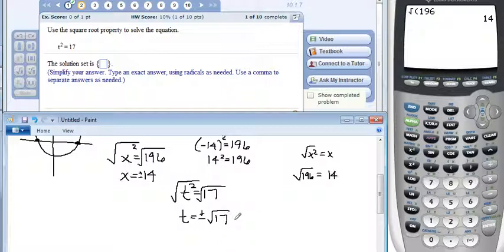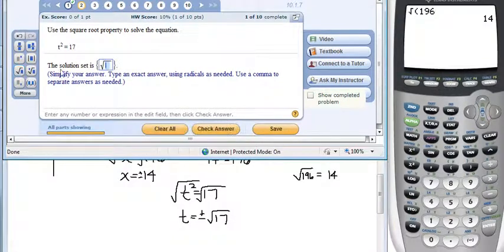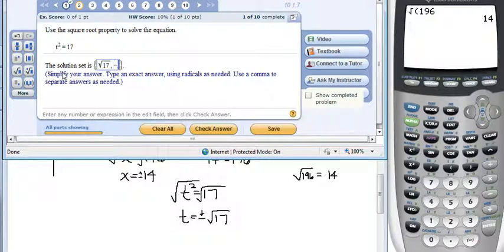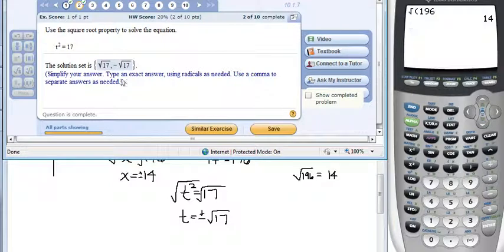You have to go back into your radical rules. Do you have a perfect square underneath that radical? No, because 17 is prime. So I'm finished there. So I'm going to put a plus square root of 17, get out from underneath there, and a negative. Don't put the negative underneath there. Make sure it goes out front. Okay?